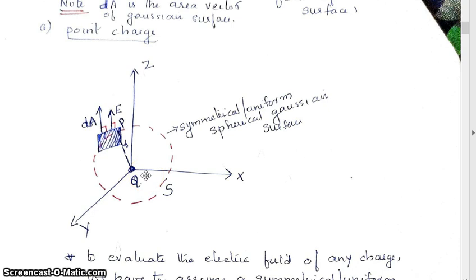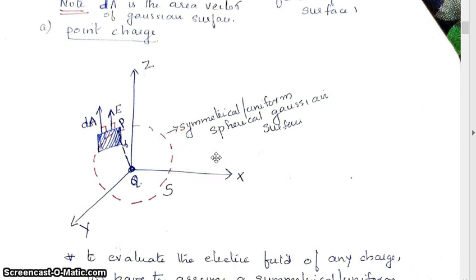I already said that this dA and electric field intensity will be perpendicular to the closed surface. So with respect to that point P, I have drawn E and dA perpendicular to this. If I am taking this point here, then I can draw dA and E perpendicular to that point like this, like this and like this.